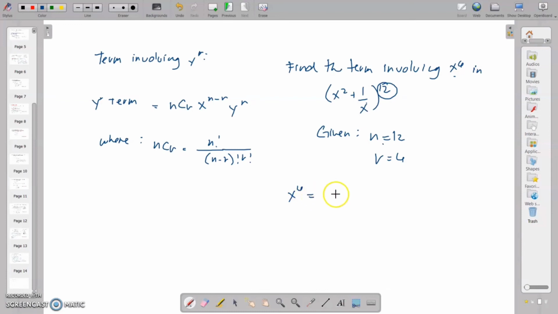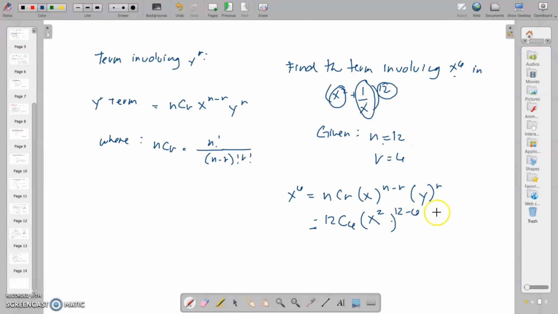So, x raised to 6 and the formula is nCr times x raised to n minus r times y raised to r. So that is the formula. Equals, n is 12, combination with 6, times x squared raised to 12 minus 6, then y, which is this, times 1 over x raised to 6.